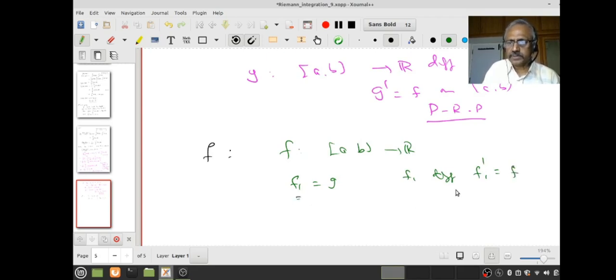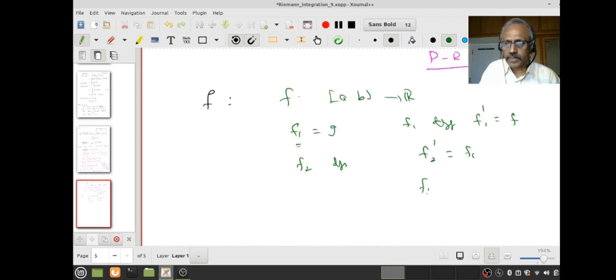Now f1 is differentiable, therefore it's also continuous, therefore take the indefinite integral of f1. You understand that? The corresponding g, call it f2. Then f2 will be differentiable. What is the derivative? f2 dash must be f1. Therefore I can differentiate this once more, that is the second derivative of f2, which is the first derivative of f1, which is f.